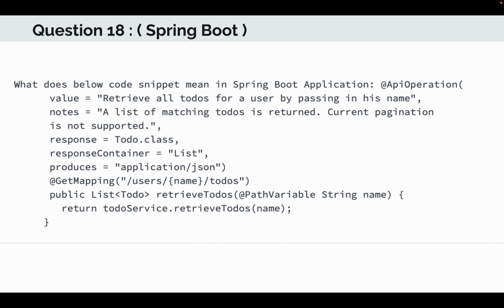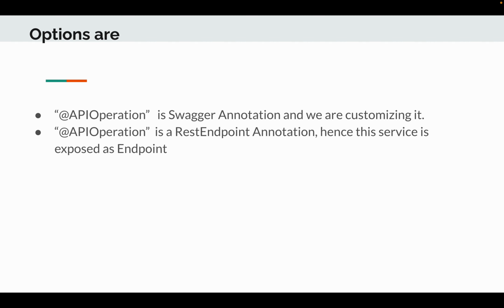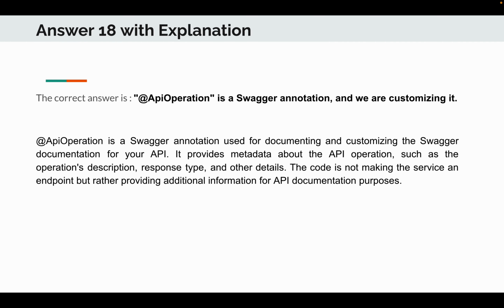The options were: @ApiOperation is a Swagger annotation and we are customizing it; @ApiOperation is a REST endpoint annotation and hence this service is exposed as an endpoint. The correct answer of this question is @ApiOperation is a Swagger annotation and we are customizing it.